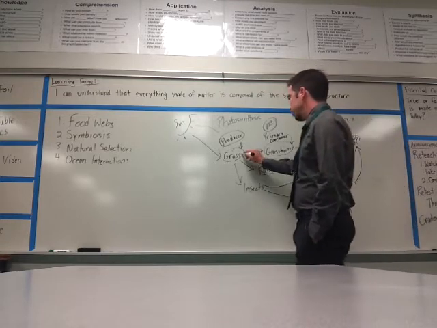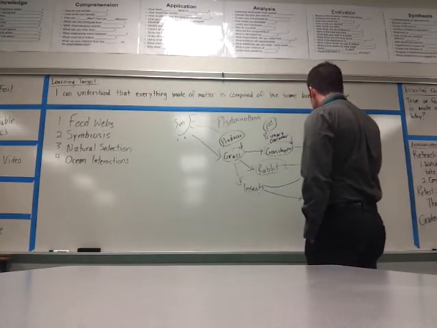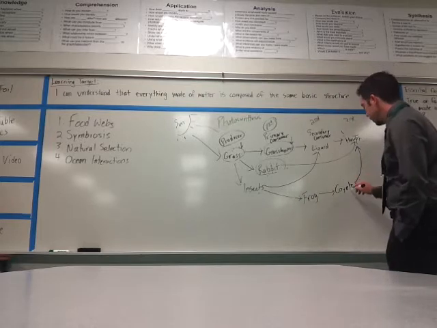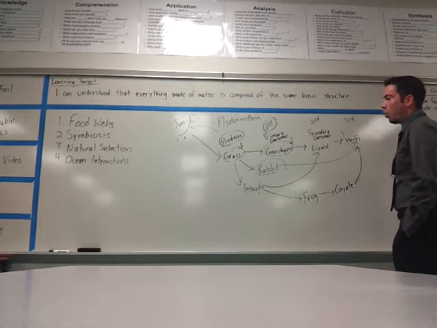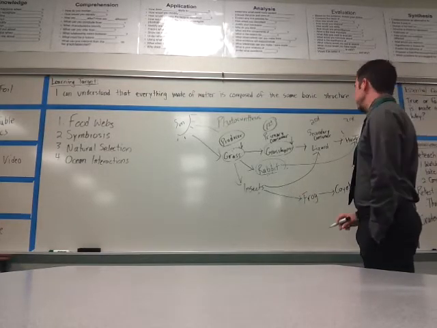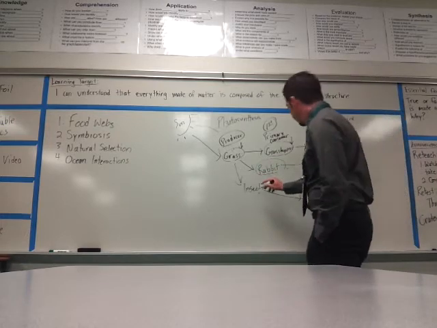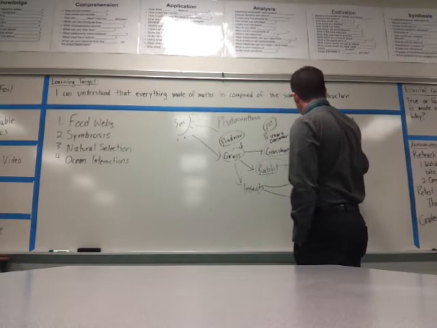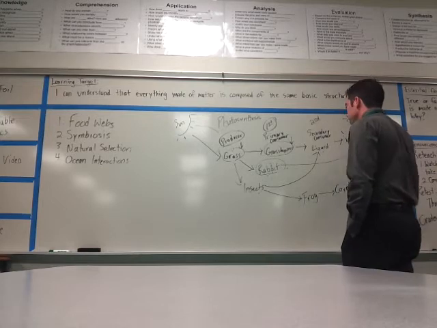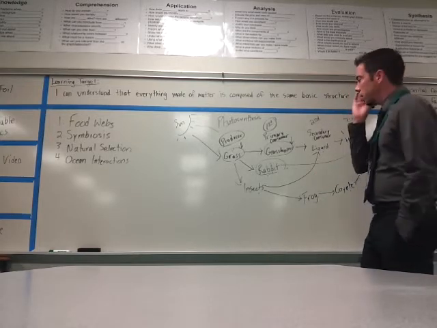So we have a producer, primary consumer, secondary consumer, tertiary consumer, and even a quaternary consumer in this food chain. Or it could be primary, secondary, tertiary, depending on how you look at it.